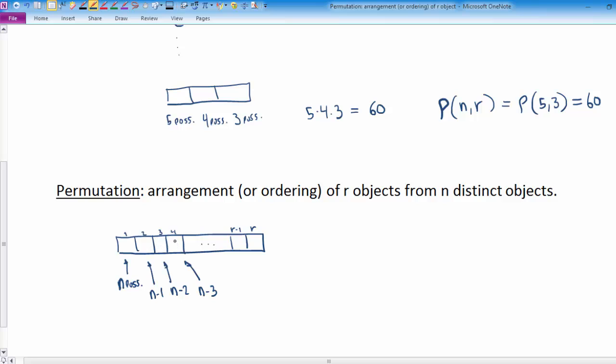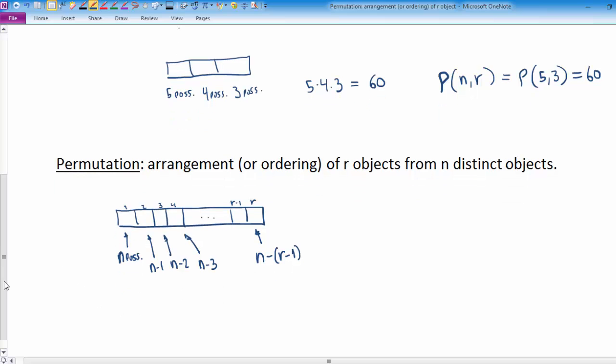So here at 4, the total number is N, but we've used 3 objects, so it's N minus 3, the previous 3. Here in the very last slot, we'll have the total number N minus the previous R minus 1 slots. So this is N minus (R minus 1) possibilities for the very last slot.